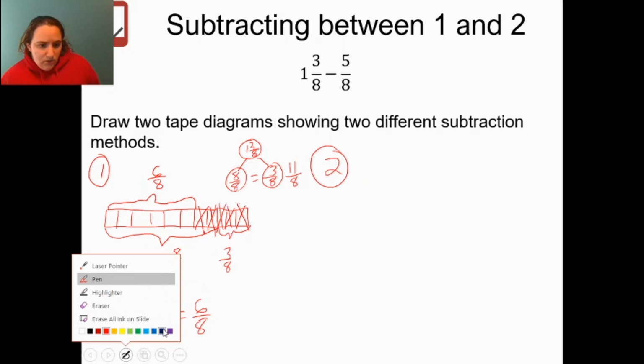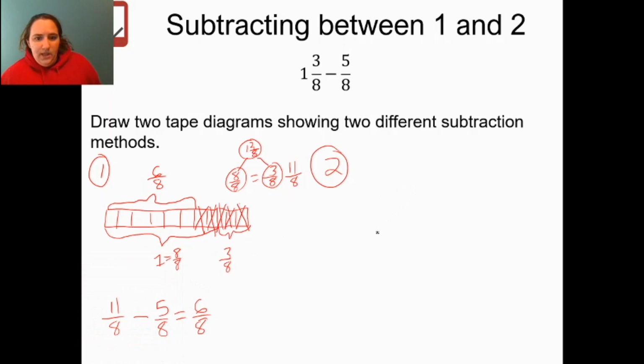And method number 2 is just as easy. And so what it does is that you take a whole. So here's my whole. And I'm going to cut this up into 8 parts because I know this whole is equal to 8/8. So this is 1, 2, 3, 4, 5, 6, 7, 8.